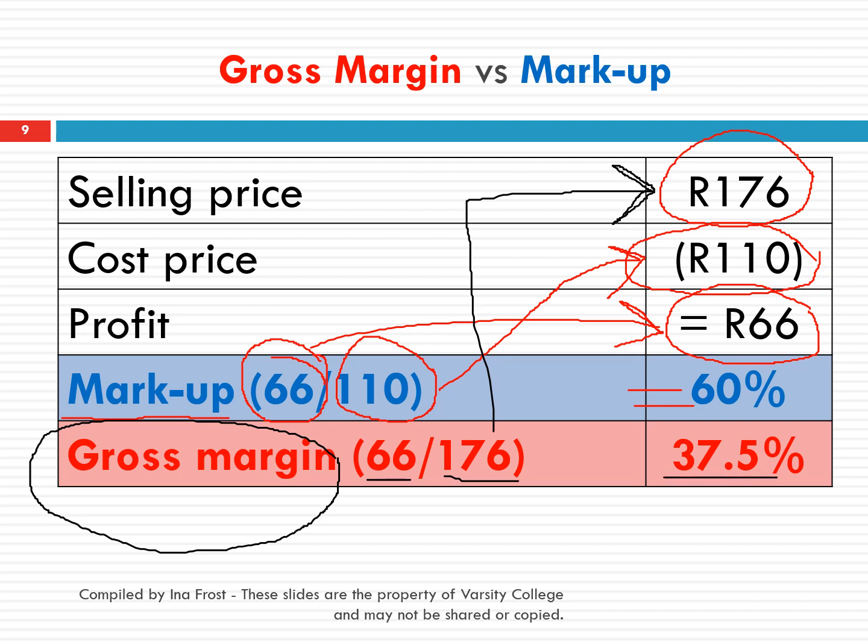So you can see clearly, based on the same scenario, the same set of information, the markup is 60%, yet the gross margin is 37.5%. So that's why you have to be very certain whether this particular question or business were using markup on cost price specifically, or were they making use of a gross margin? Because as you can see, it gives us two very different answers.